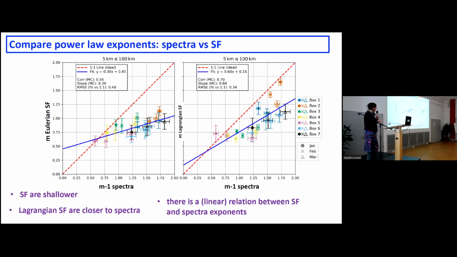And this red line would indicate that the exponents satisfy the scaling relation that we derived earlier. So we see that the structure functions are always shallower than the spectra. And it's actually the Lagrangian structure functions that come closer to the spectra, but there also seems to be a linear relation between the structure function and spectra exponents.